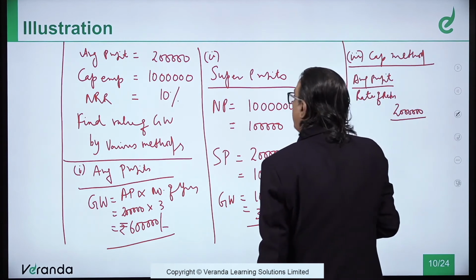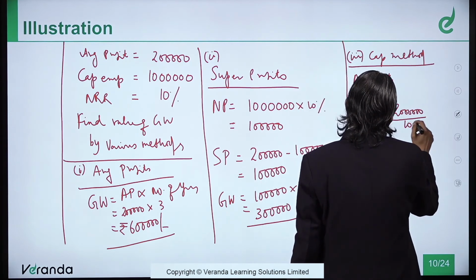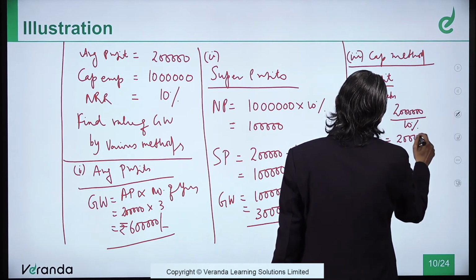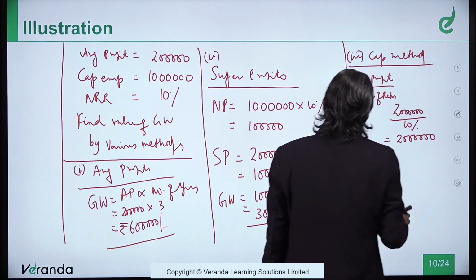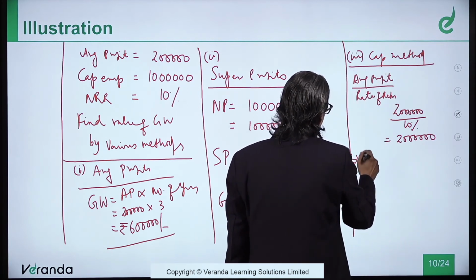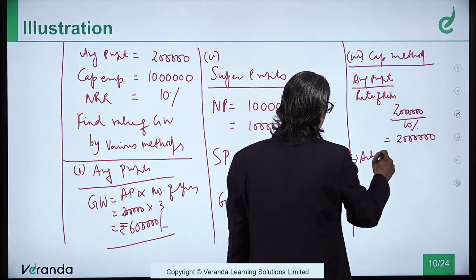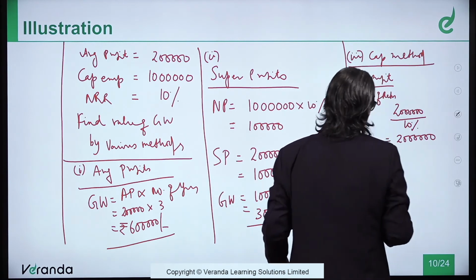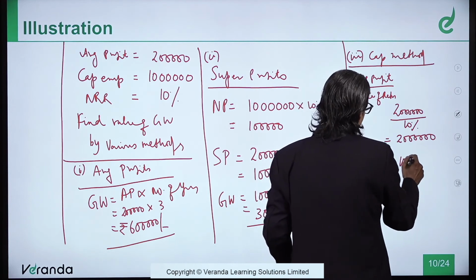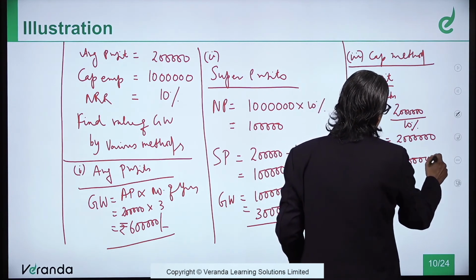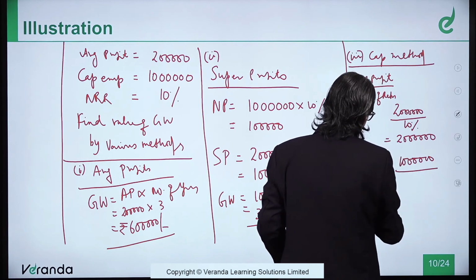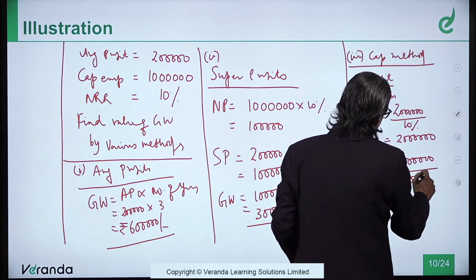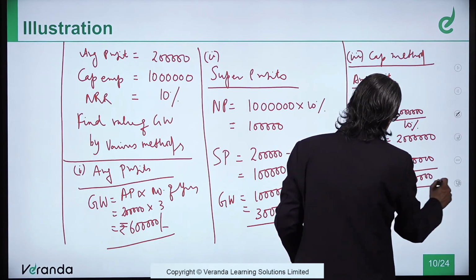Divide by rate of return 10%, that is equal to 20 lakhs. Minus actual capital. It is given as 10 lakhs in this problem. Therefore, the goodwill by capitalization method is 10 lakhs.